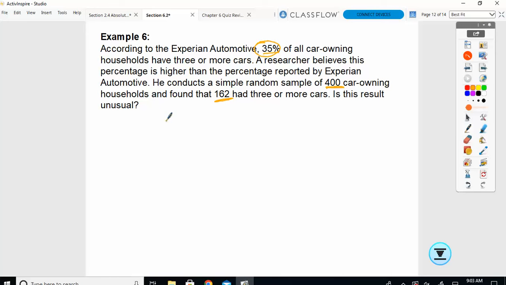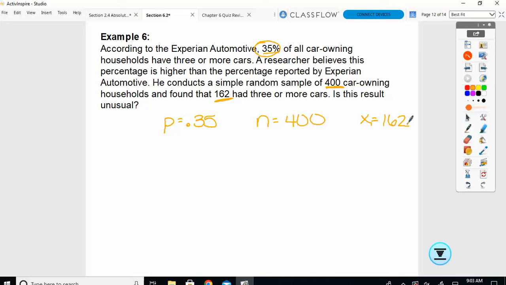The 35%, what is that? That's the p-value. What's my 400? N is 400. And what's the 162? That's my x.